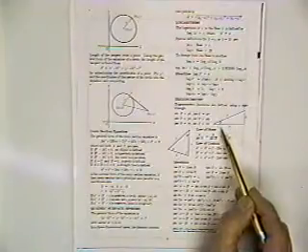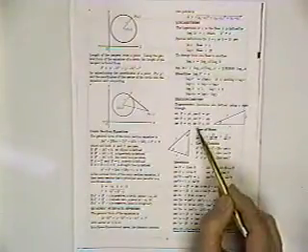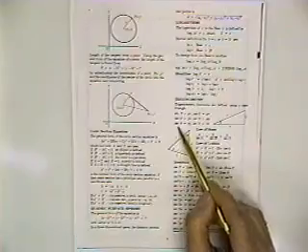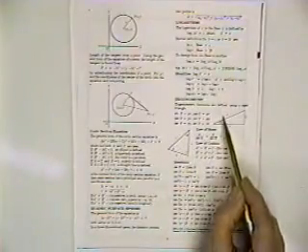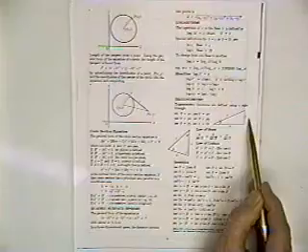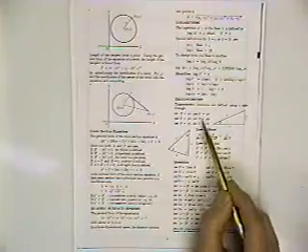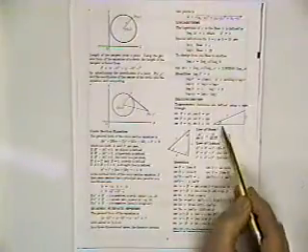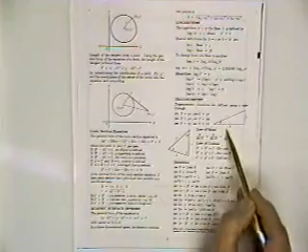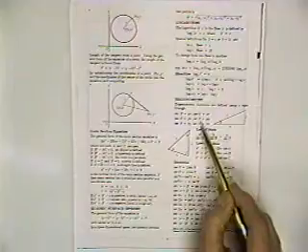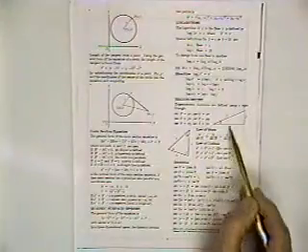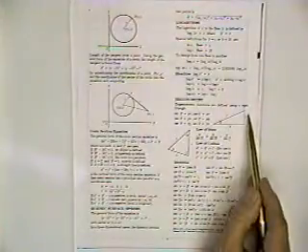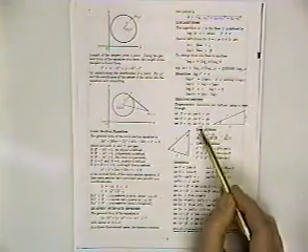trigonometric functions. There is, for example, a cosecant, CSC, which is the hypotenuse divided by the opposite side. There is also a secant, which is the hypotenuse divided by the adjacent side. And finally, a cotangent, which is the adjacent side divided by the opposite side.